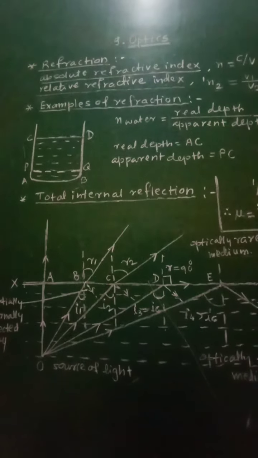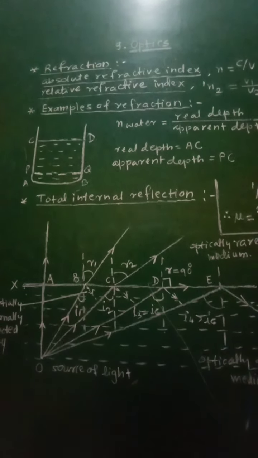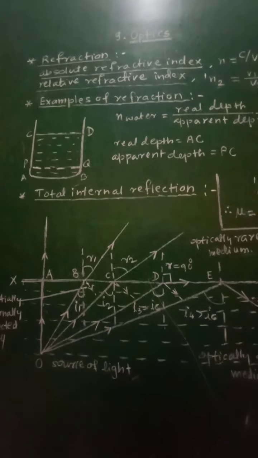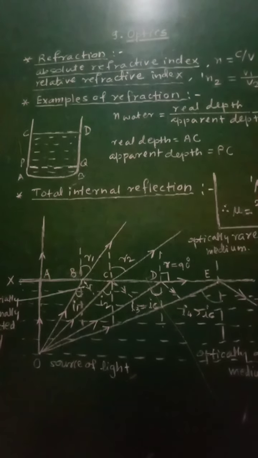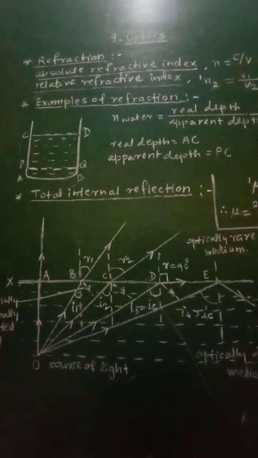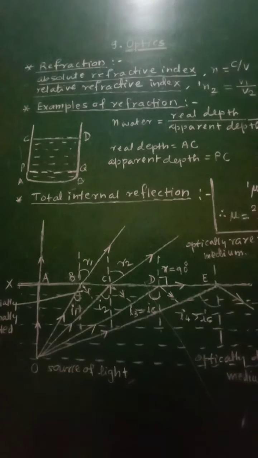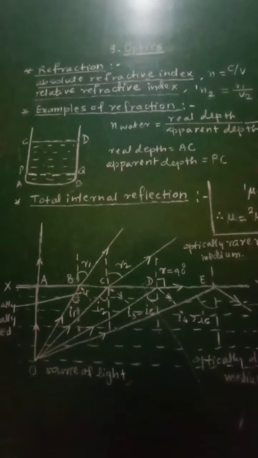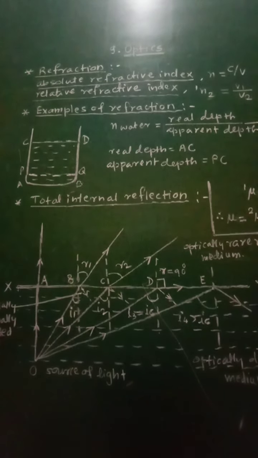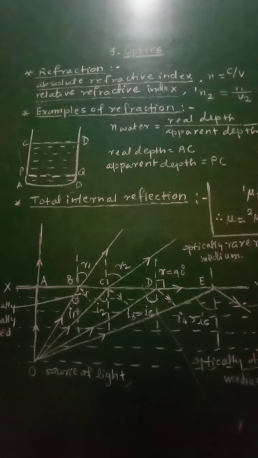The angle of incidence IC in the denser medium is called the critical angle. The critical angle for a pair of refracting media can be defined as that angle of incidence in the denser medium for which the angle of refraction in the rarer medium is 90 degrees.